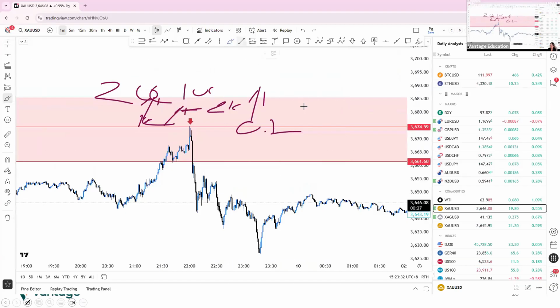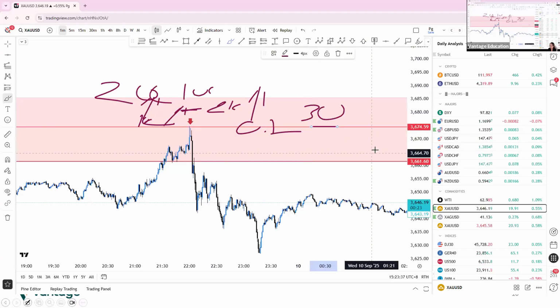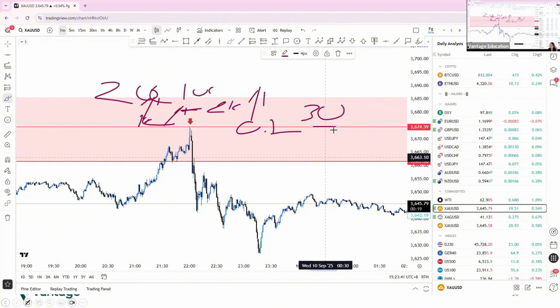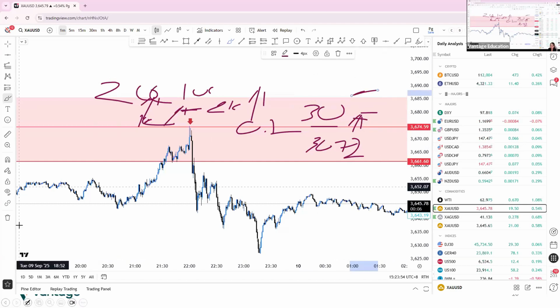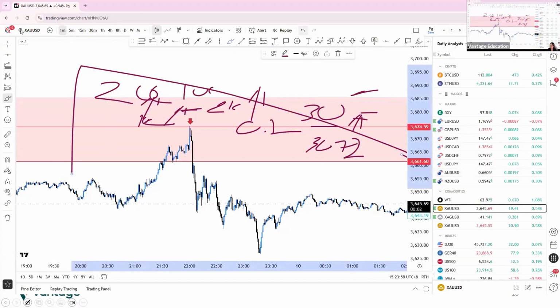If I tell you 30 pip here, for example, maybe my entry is at 74, and then you enter at 3672, meaning if price rises 30 pip here, you hit your stop loss, but I haven't hit mine. You get what I mean?